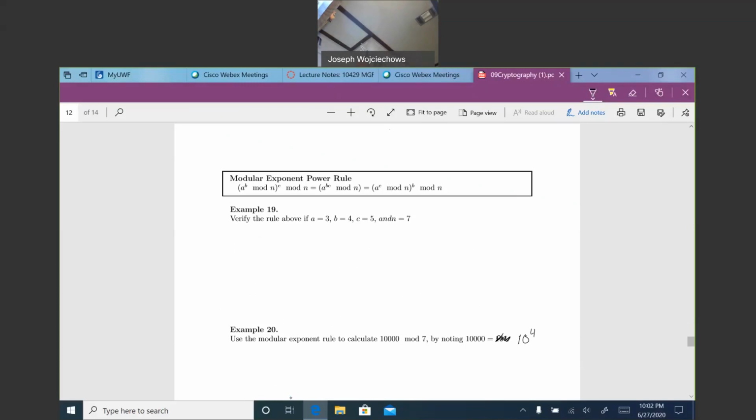And it says to show that these are equivalent. So let's start out. What do we know? Well, our a is equal to 3, our b is equal to 4, our c is equal to 5, and n is equal to 7.